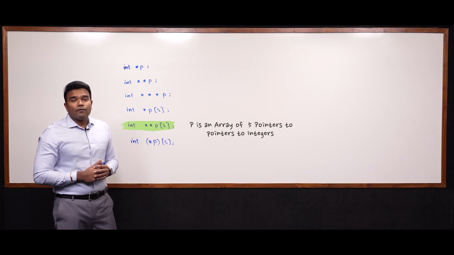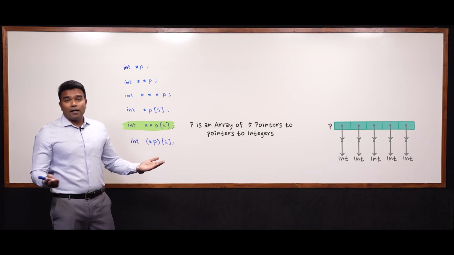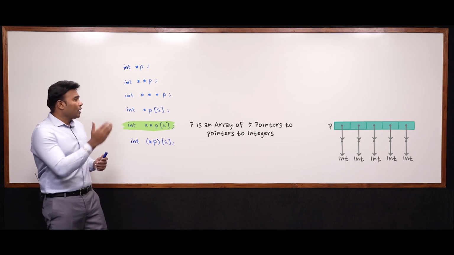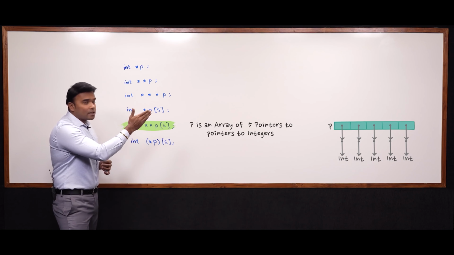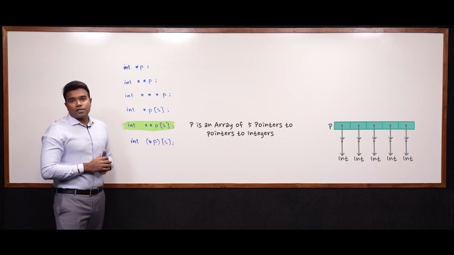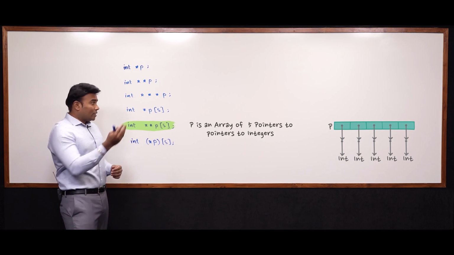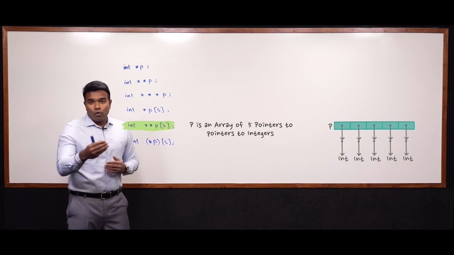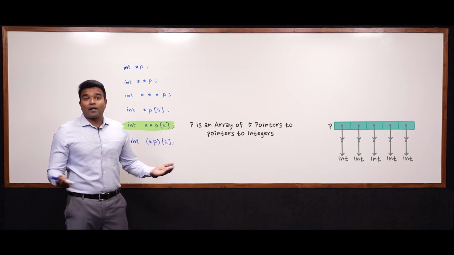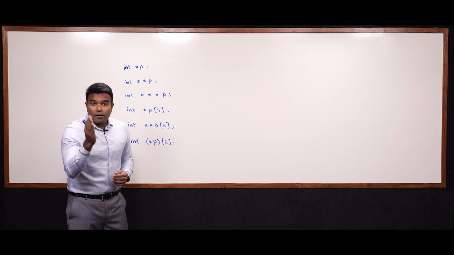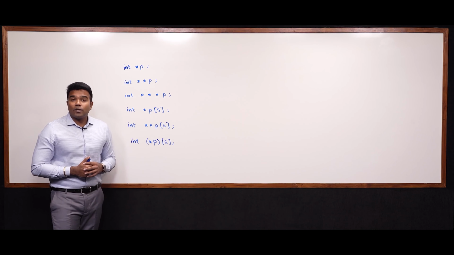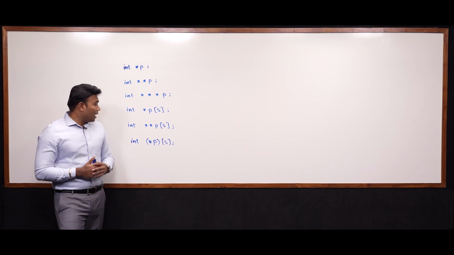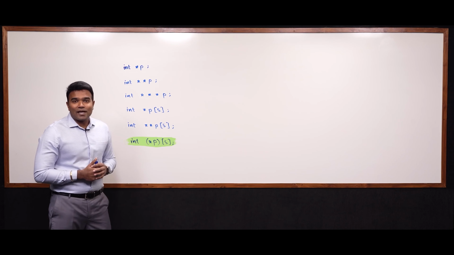So if you look at the pictorial representation, that is how it looks, and you can notice that P indeed is an array of 5 pointers to integers. What is the use of that is something I would definitely tell you moving forward, but at least now you've been able to read such complicated declaration statements associated with pointers. Anyway, how to read this is the next challenge.